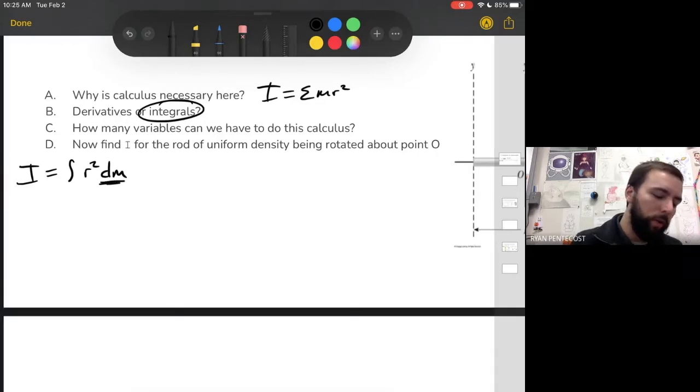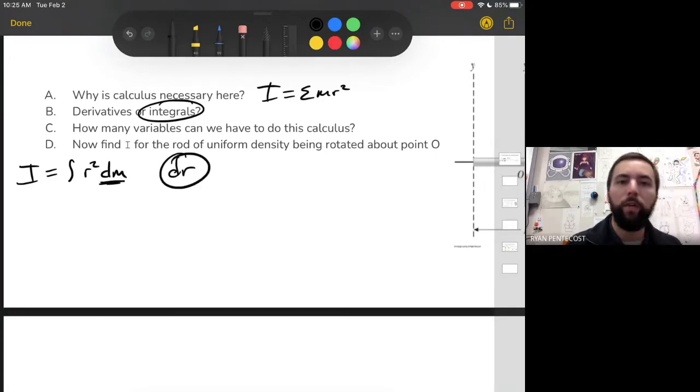We want this in terms of dr so that we can actually integrate the r squared. So this is what we're going to try and narrow this down to. We'll start with the integral of r squared dm, but we're going to work our way towards an integral with respect to radius, dr.